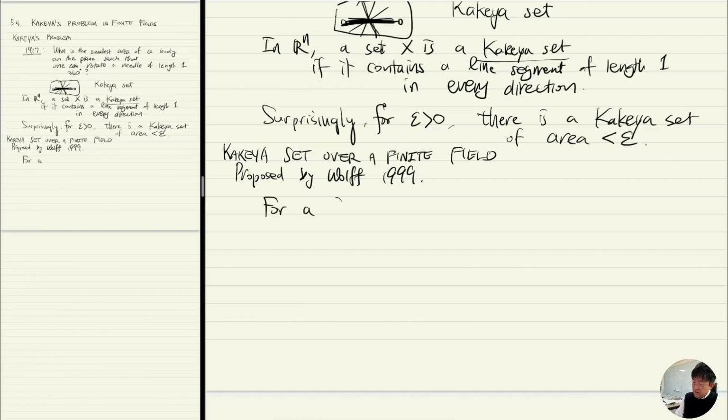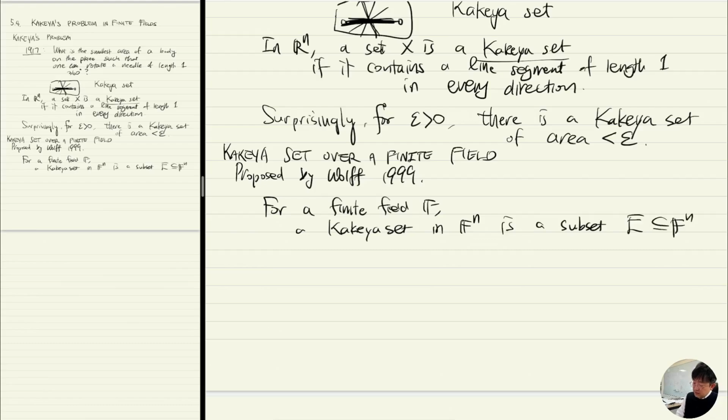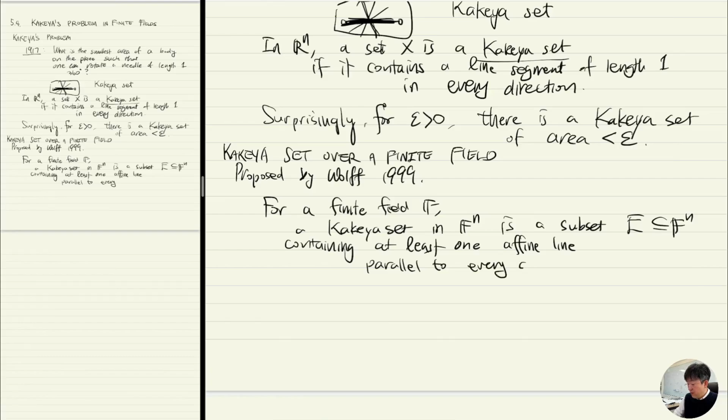For a finite field F, a Kakeya set in F^n is a subset E of F^n containing at least one affine line parallel to every direction in F^n minus 0. So that means what?